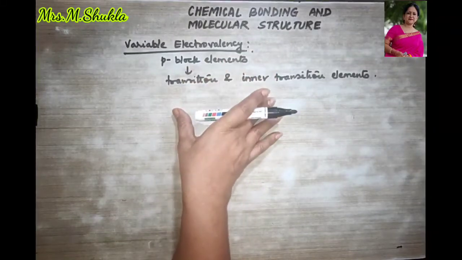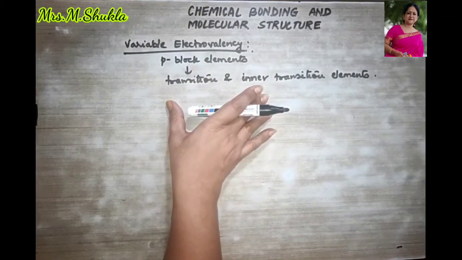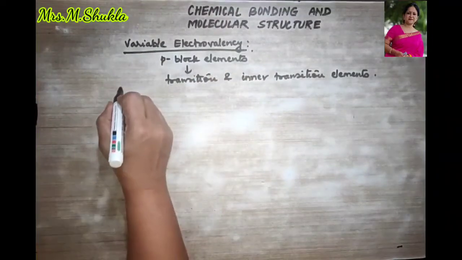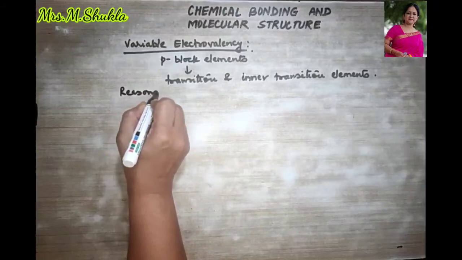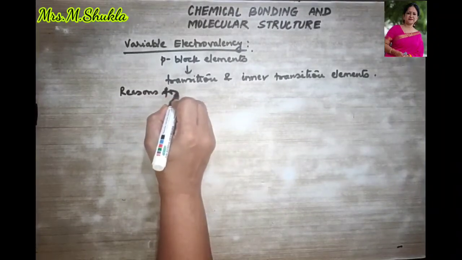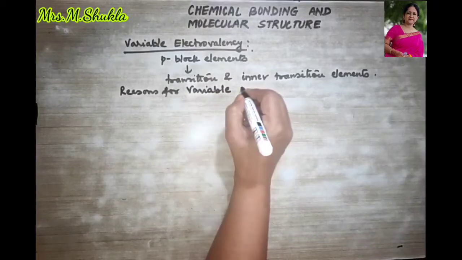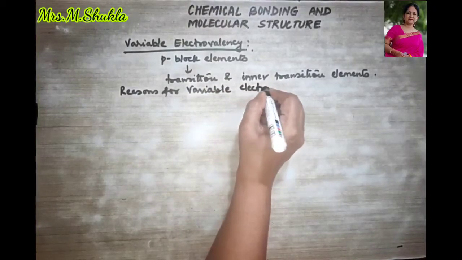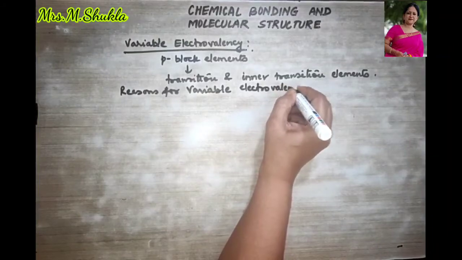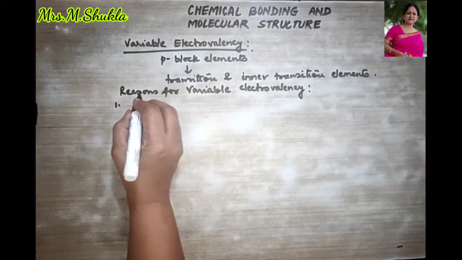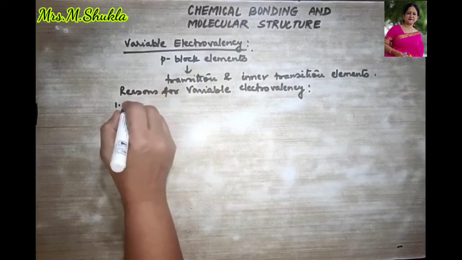So today we are going to understand the reasons for this variable valency. The first point, let's talk about the instability of the core.